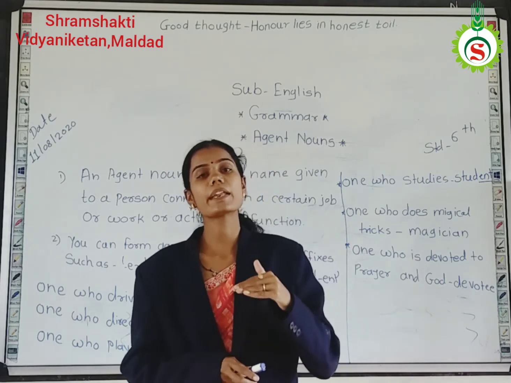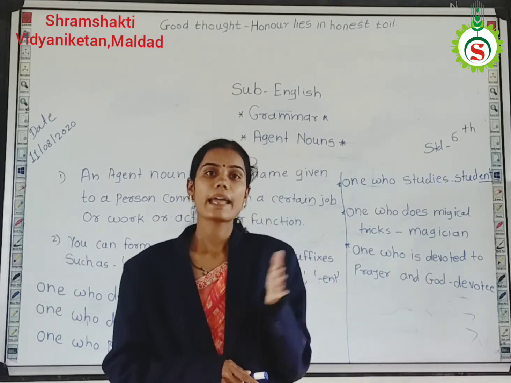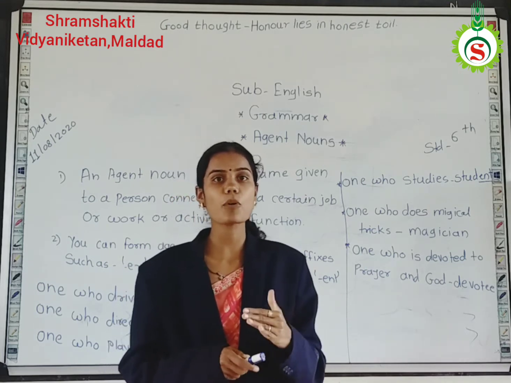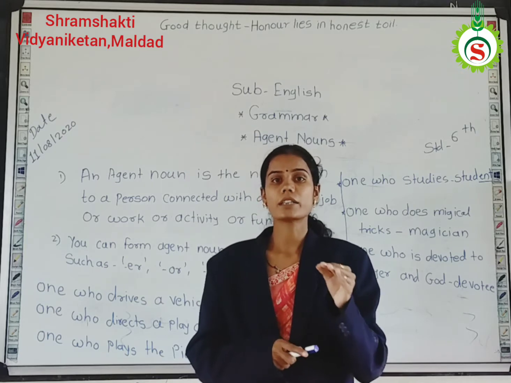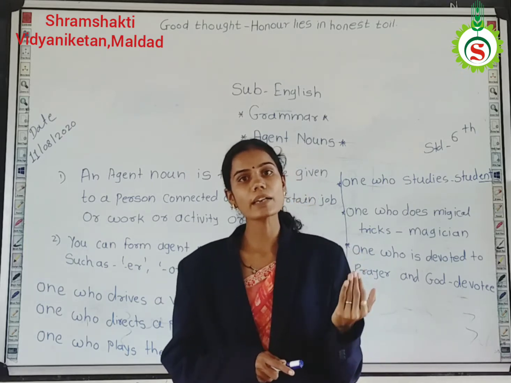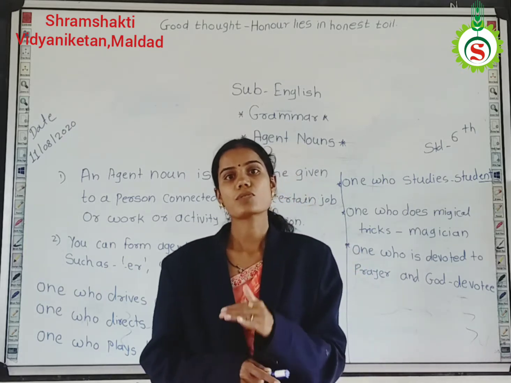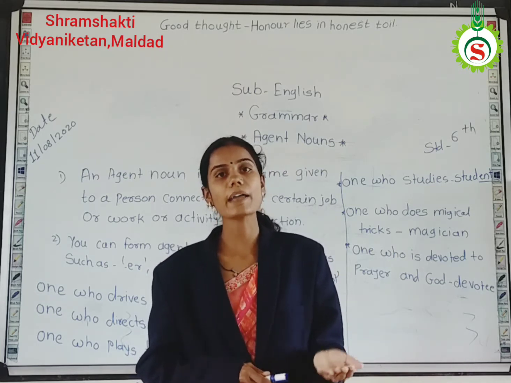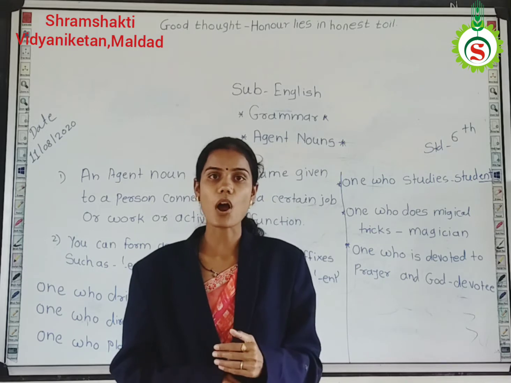But if he has a job, for example, suppose that person is doing a teaching job, then we call him a teacher. So students, an agent noun means identifying a person by his job.